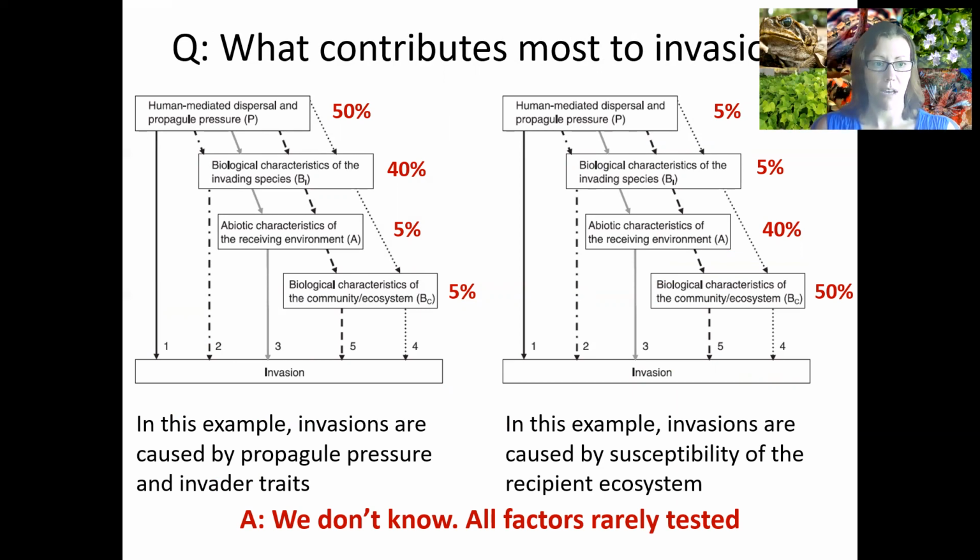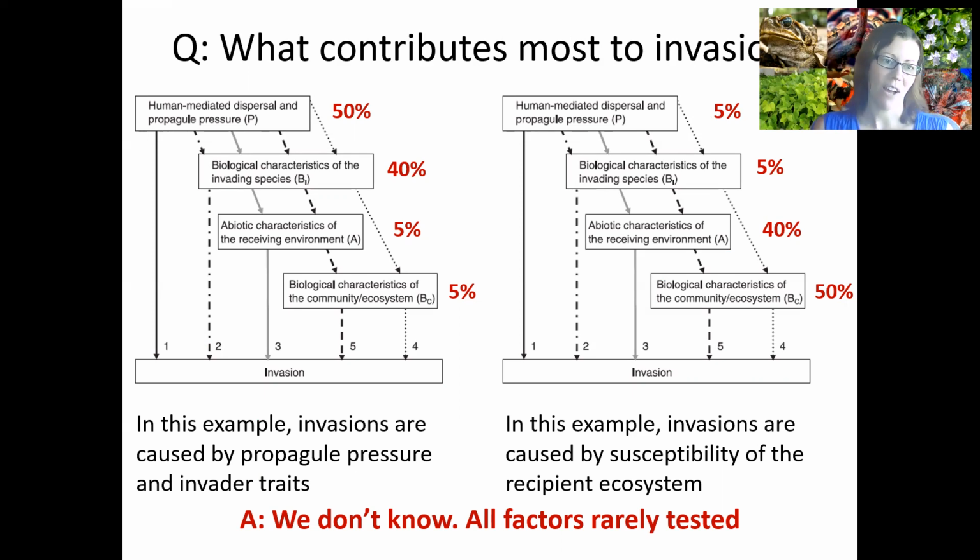So traits that would allow for more propagules to be introduced, traits that would allow a species to establish effectively, traits that would allow a species to spread, traits that would allow a species to have high impact, abiotic conditions, the biotic conditions, right? So all of these are nested into each other in terms of which of these factors is the most important for invasion.